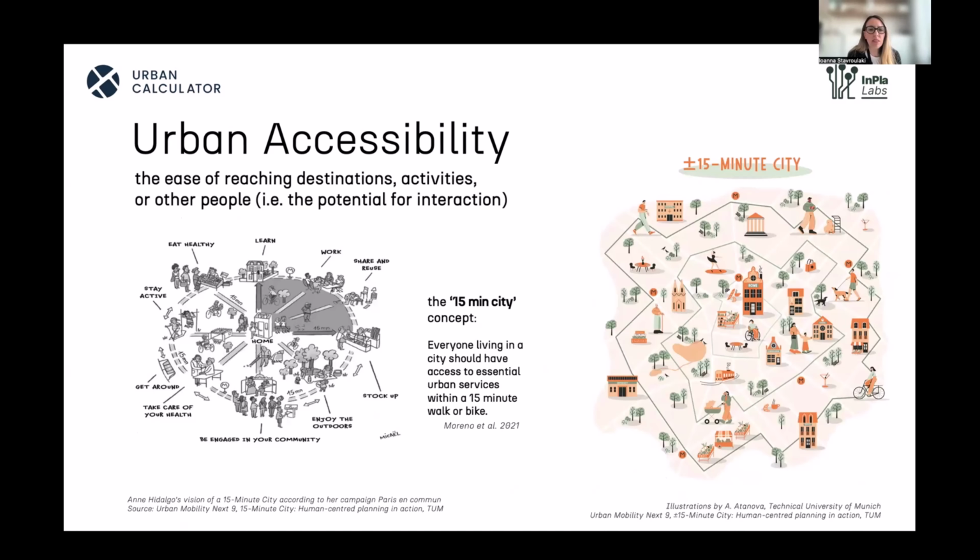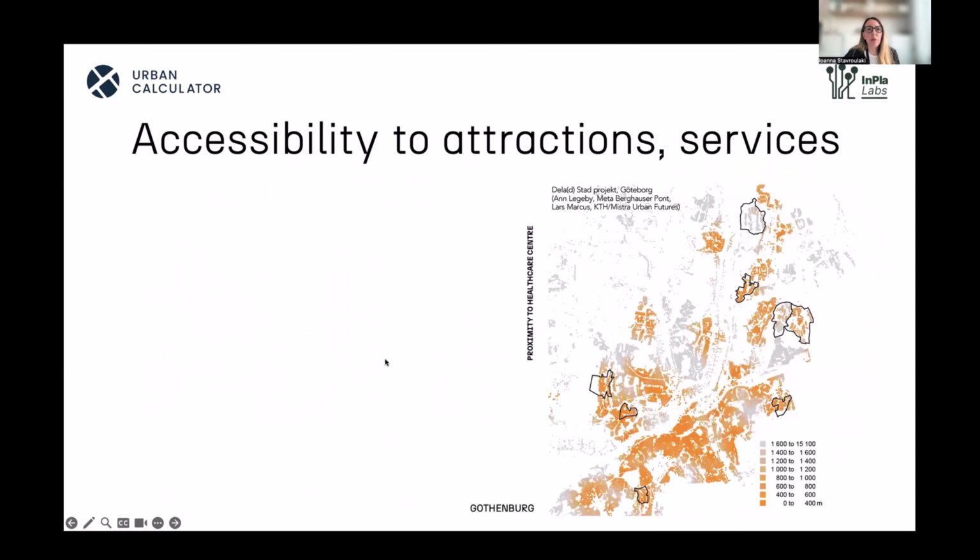We heard about this previously. The idea that everyone living in a city should have access to essential urban services within a 15-minute walk or bike. So urban accessibility is actually the ease of reaching destinations, activities, or other people, which is the potential for interaction. It is a conceptual model that works a lot with this measure.